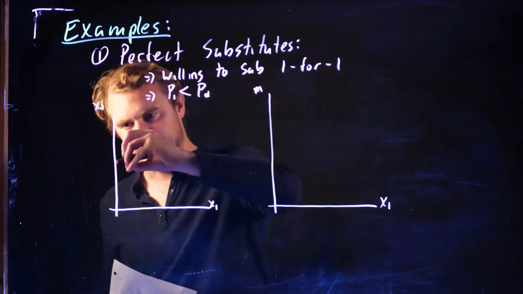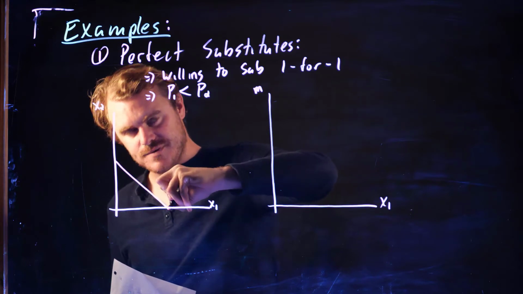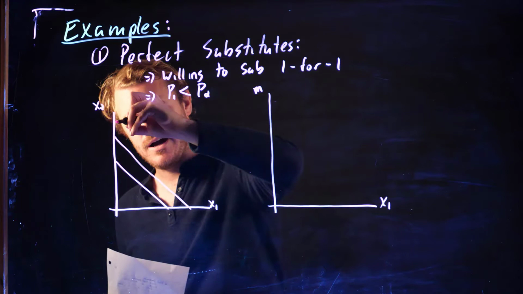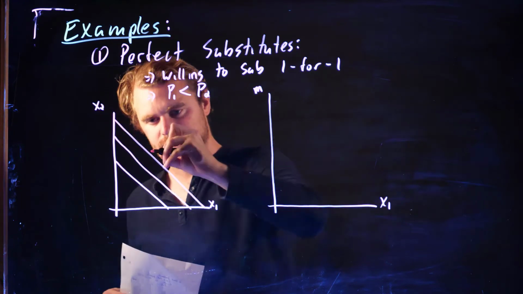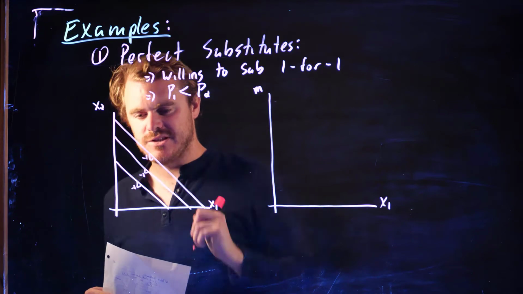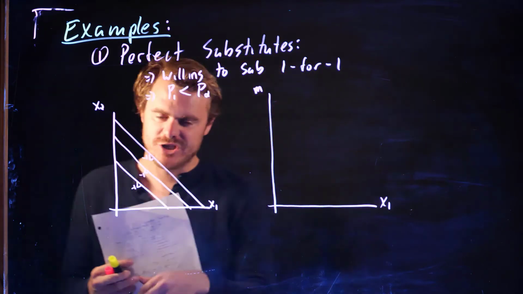If you remember, the indifference curves for this 1-to-1 substitution will have a slope of -1. All of these are different indifference curves, and they have a slope of -1.